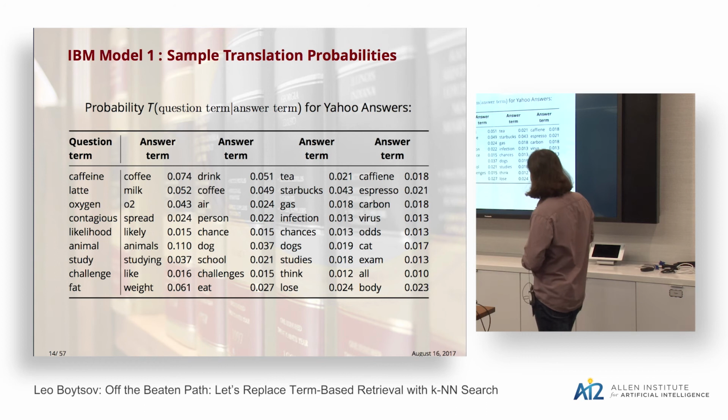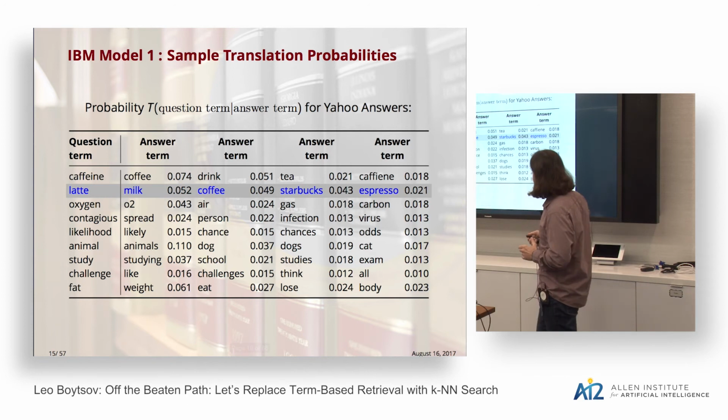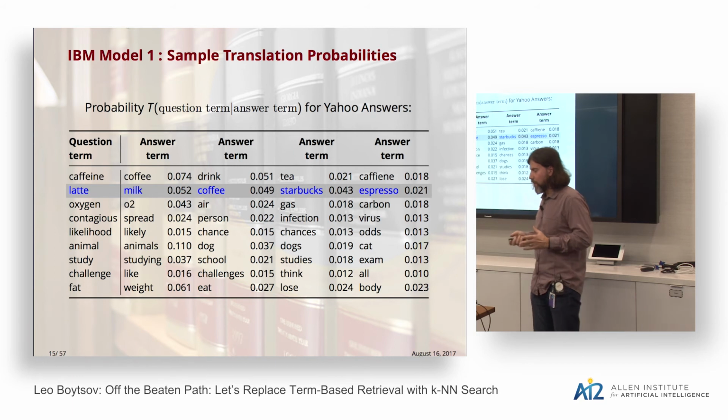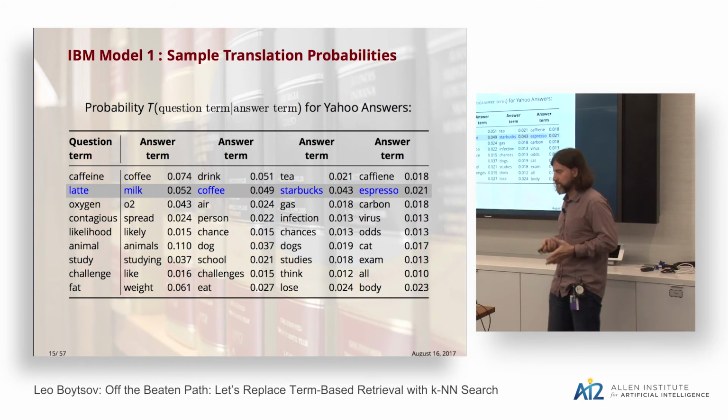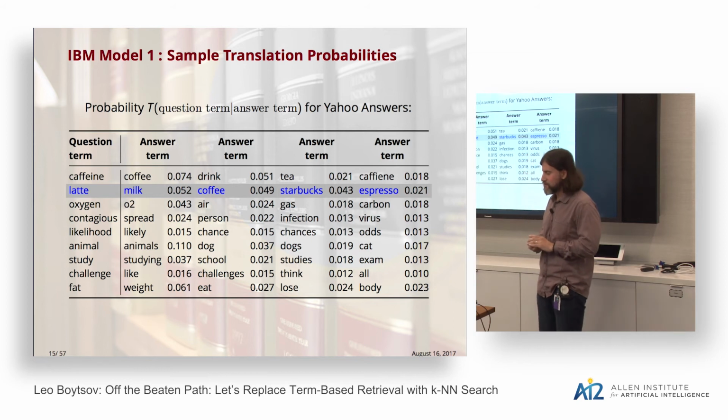I obviously show you only the 3 terms with highest translation probabilities. So let's look at row 2. Here we can see that the word latte is strongly associated with the words milk, coffee, Starbucks, and espresso. So you can see that this model successfully learns various, so to speak, semantic relationships such as hyponymy or meronymy.